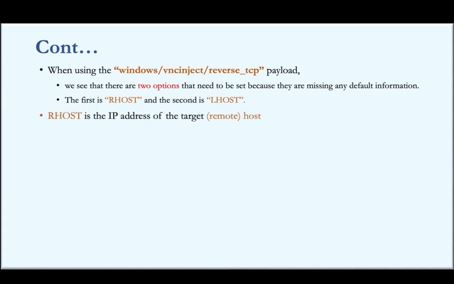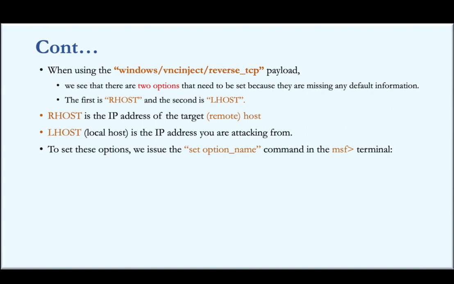We need to provide the remote host IP address, that is the target machine IP address, which we identified during the reconnaissance phase and used for scanning the target machine for vulnerabilities. Then we give the local host IP address, that is the pen tester's or hacker's host IP address. To set this, we use set RHOST with the remote host IP address, and set LHOST with the local host IP address.